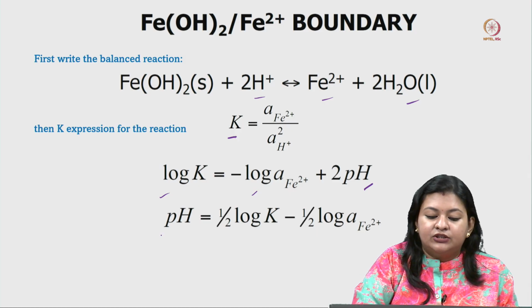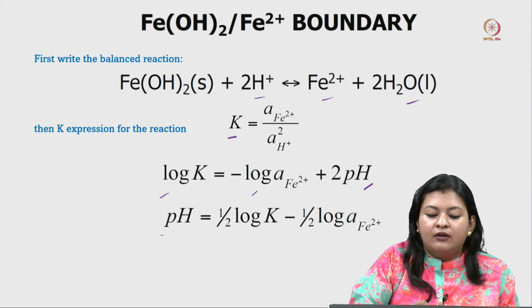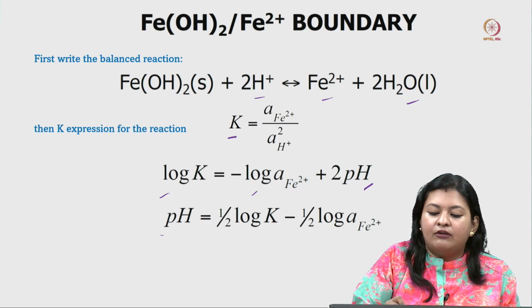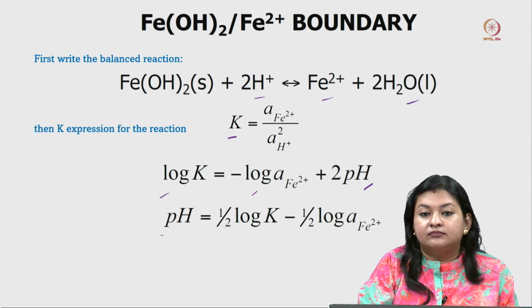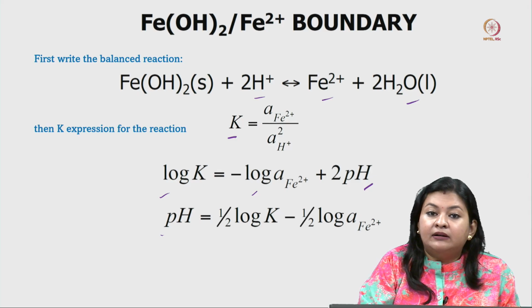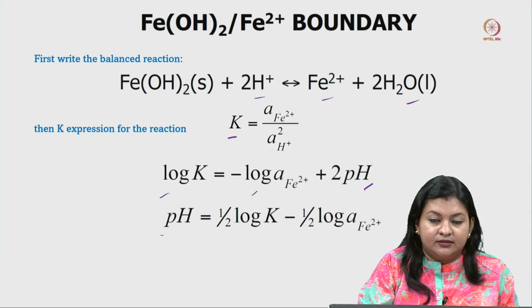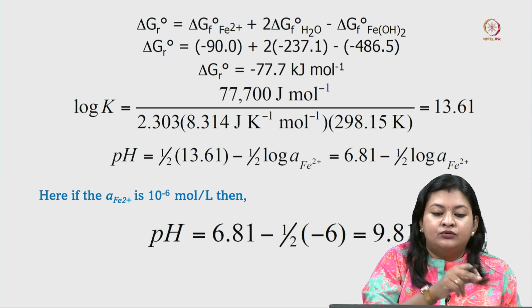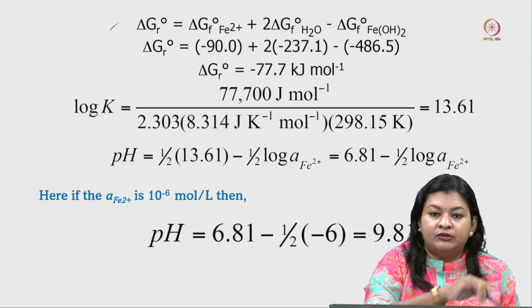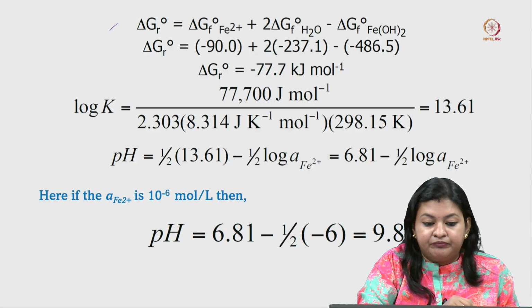So, my pH is equal to half of log K minus half of log A of Fe2 plus. So, here you start noticing that pe is not there. The entire pe term is not there. Okay. Let us again go on for solving this. You solve the delta G0 R from the values that have been provided.